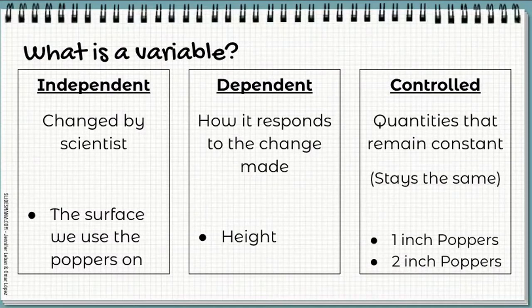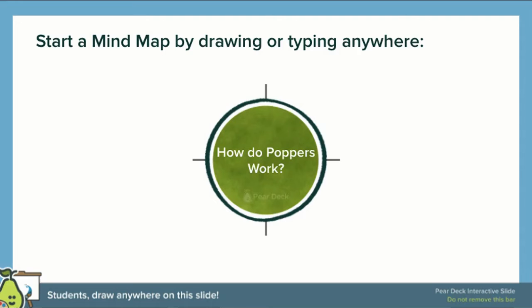Our last variable is the controlled variable, and these are quantities that remain constant, or they stay the same. For our popper test, we are only using 1-inch poppers and 2-inch poppers, and these things are going to stay the same. So we drew our mind map on thinking about how poppers worked.